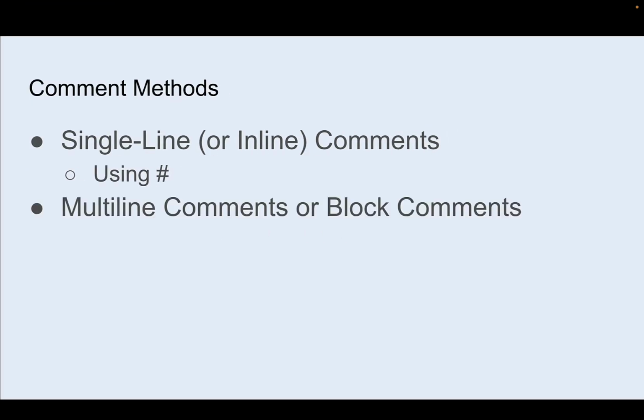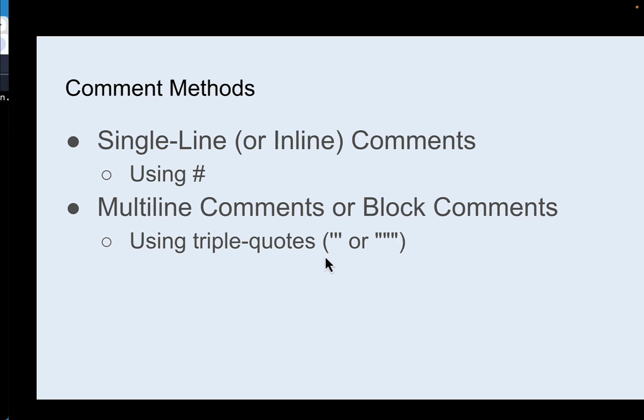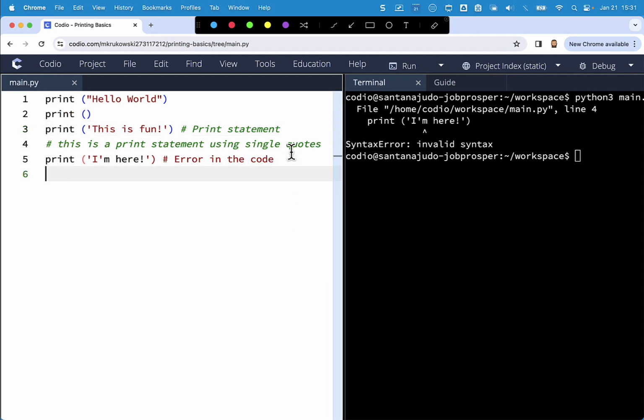We can also use multi-line comments, or basically blocks of code, and we end up utilizing either triple quotes, triple single quotes, or triple double quotes. Sounds weird, but that's what we're going to look at. So if I come back over here, I could give the programmer a note, and here I'm utilizing triple single quotes to start out. There is an error in the program.